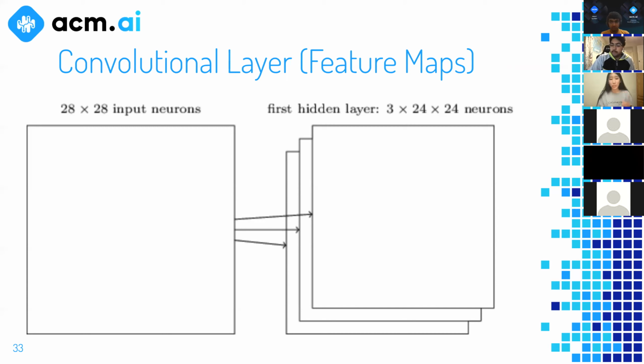So that means if we have 2 filters, then we'll get 2 feature maps, and so on and so forth. So essentially what this diagram shows is that we have 3 filters, and then we have 3 feature maps. And then to get that 3D output, we essentially just stack all of the feature maps together, and now we have a depth of 3.